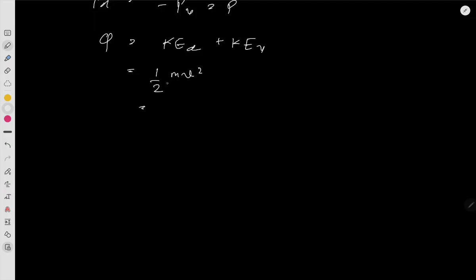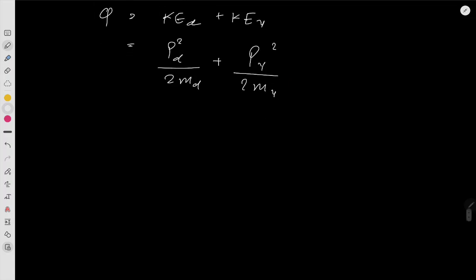Half mv square, I multiply by m and divide by m, so it is half 2m, mv square is p square, so we got p square by 2m. So p square of alpha upon 2 times mass of alpha plus p square of y upon 2 times mass of y is the Q.